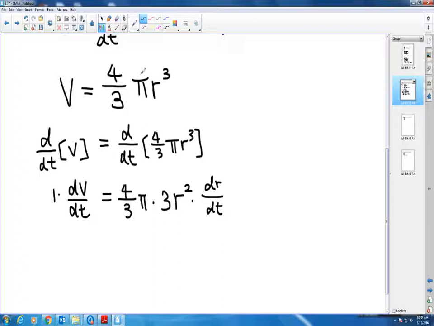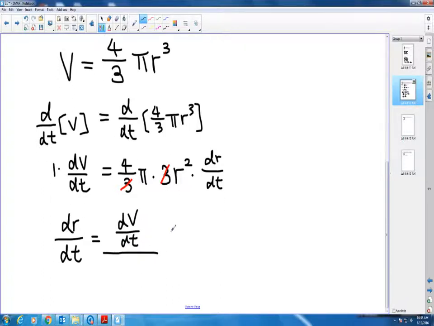So I'm going to simplify this side. The 3 cancels out, so that just leaves me with 4 pi r squared. To get dr/dt by itself, I have to divide both sides by 4 pi r squared. So my dr over dt will be dV/dt over 4 pi r squared.